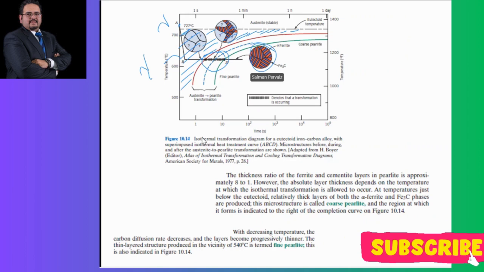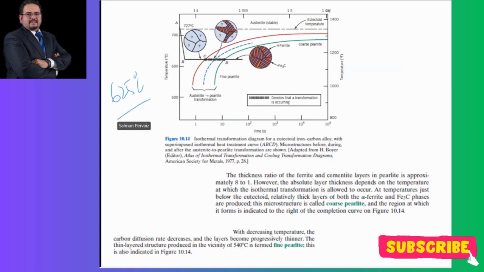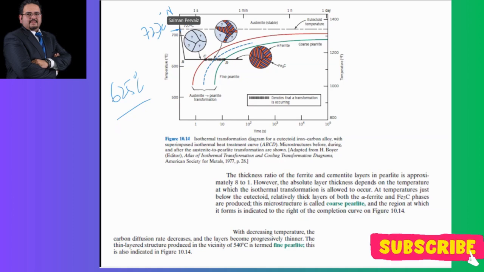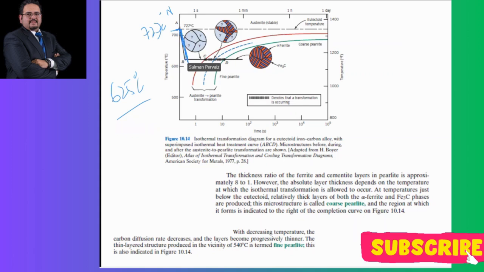So technically, if somebody asks you, for example, tell me what would be the transformation at 625 degrees C, you understand that you need to start from 727, because this is where the gamma will start to change. So you can make a random line here, right? And then you need to cross this curve horizontally at the same temperature.